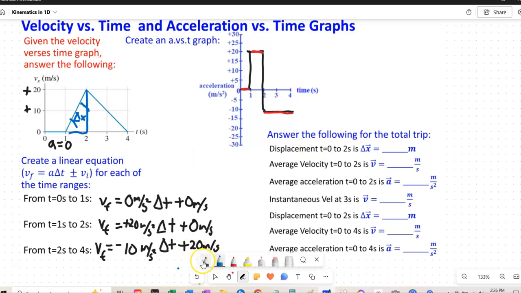So to get that displacement, the very first area from 0 to 1 seconds is just 0 meters displacement. And then we're going to add this blue displacement, which looks like 20 over 1. So that's 20 times 1 divided by 2, so it's going to be positive 10.